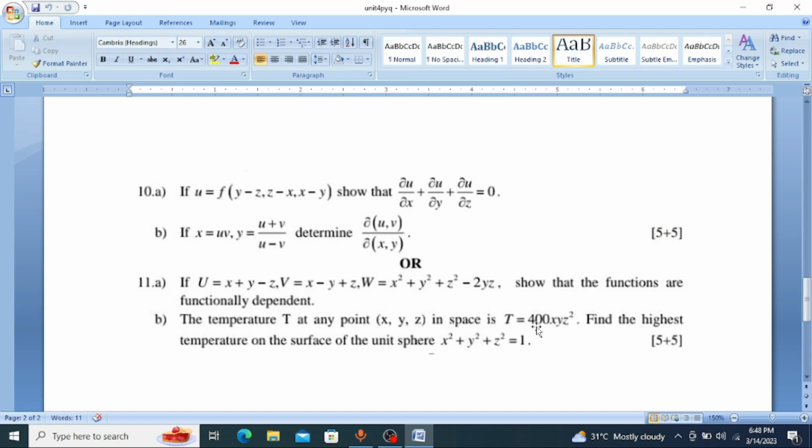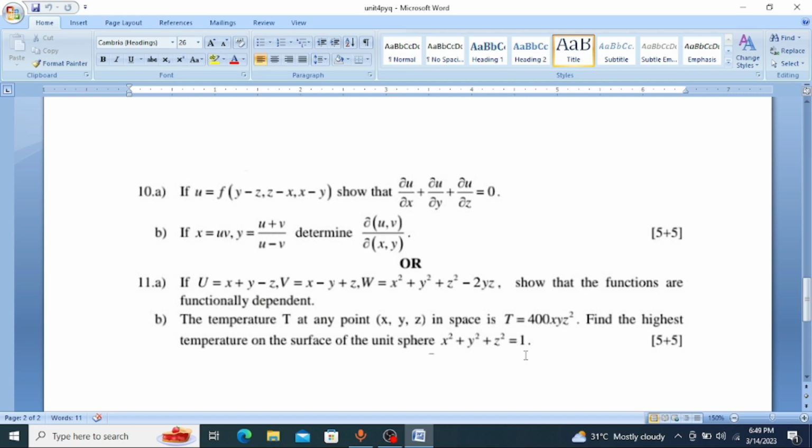So T is a function, that is a small f. So small f is equal to 400 xyz square. You have to find the point at which the temperature is highest, and phi is equal to x square plus y square plus z square; when you send the 1 to the left hand side it becomes minus 1, and that minus 1 is equal to 0.